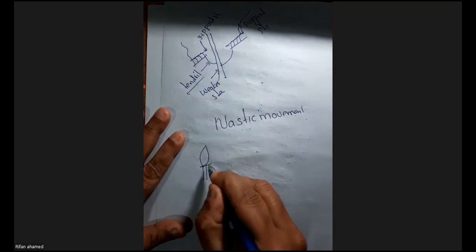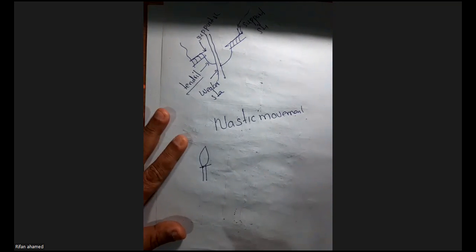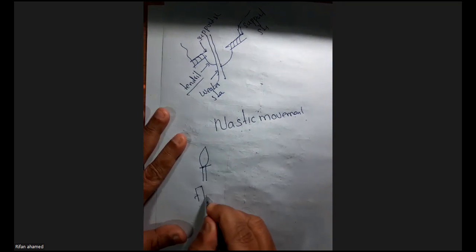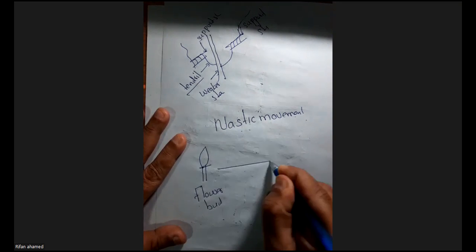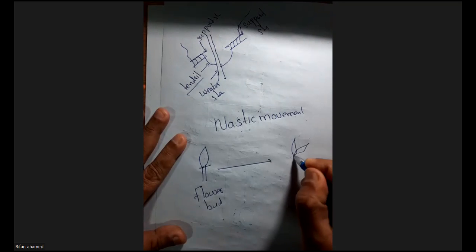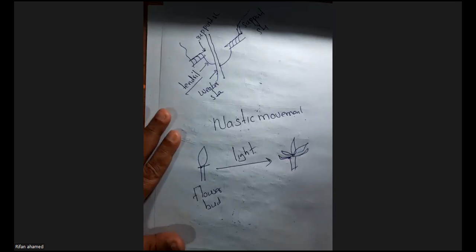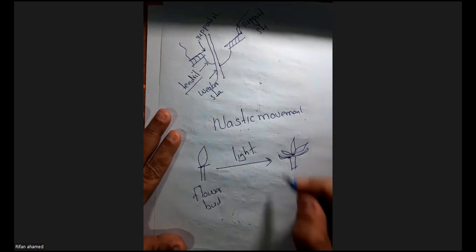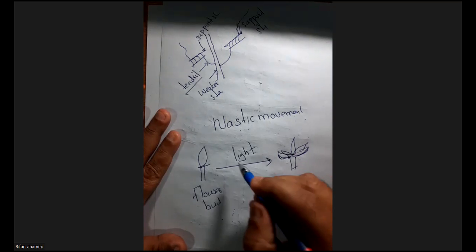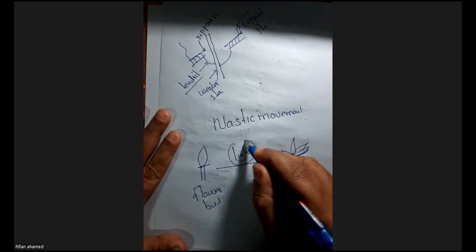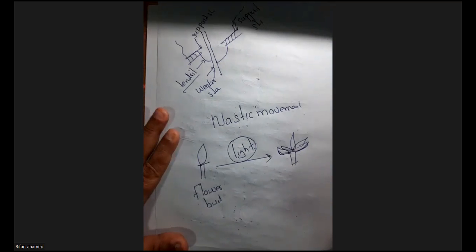This flower bud will bloom to a flower if light is present. Here, light is necessary. Understood?